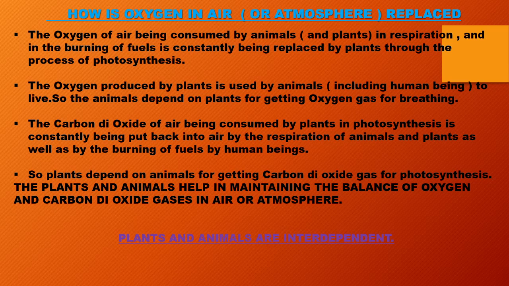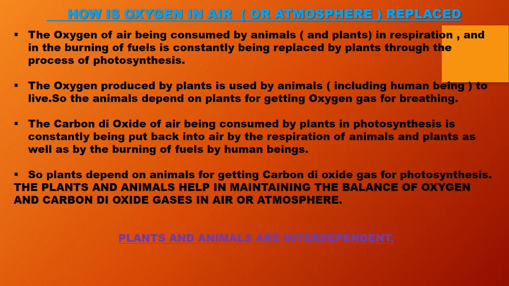Ultimately, from this discussion, we have learned that plants and animals both help in maintaining the balance of oxygen and carbon dioxide gases in the atmosphere. So we can conclude that plants and animals are interdependent. What do we mean by interdependent? They are mutually dependent on each other.